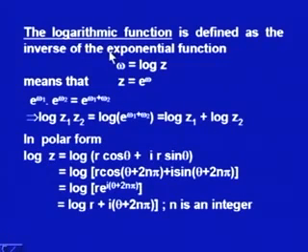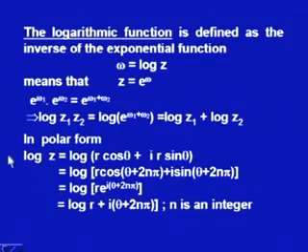We can express this function in polar form. So log z is equal to log of z, which I am writing as r cos θ + i r sin θ. Since cos θ and sin θ are periodic functions, I write log of r(cos(θ + 2nπ) + i sin(θ + 2nπ)), and this can be written as log of r e^(i(θ+2nπ)), or I can rewrite it as log r + i(θ + 2nπ), where n is an integer.